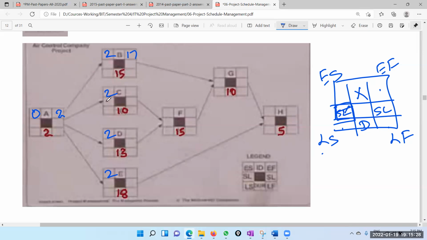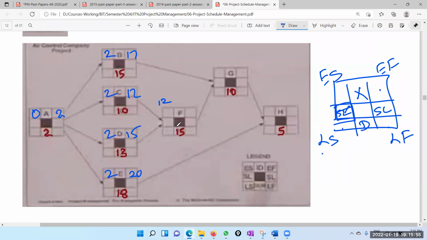Now that is easy. 10 plus 2, 12. 13 plus 2, 15. 18 plus 2, 20. So those are the earliest finish dates. Now we have to look at this one. If you go by this part, the earliest finish is 12, therefore the earliest start is 12. If you go with this one, the earliest finish is 15.